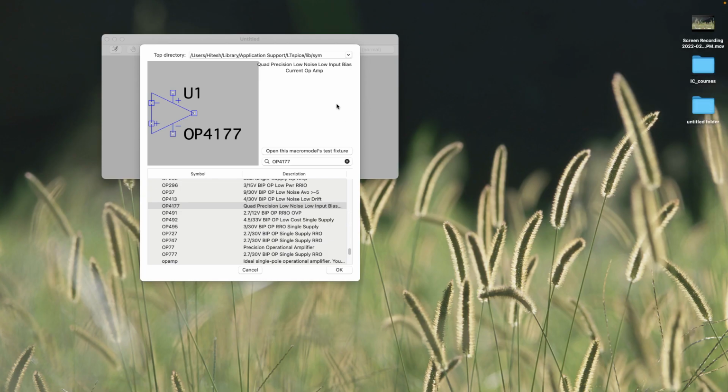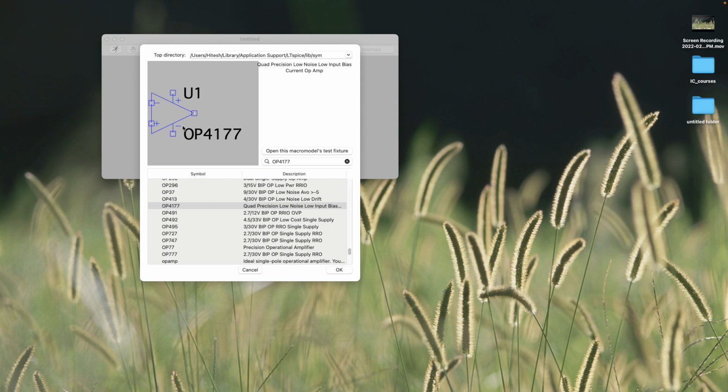So in case you are designing a project involving, let's say, the OP4177 from the market, and you want to know its characteristics, I recommend that you use this op amp, and surrounding it use some resistor, capacitor, diode, whatever circuit you are designing. You keep it here, and you will see some simulation results.